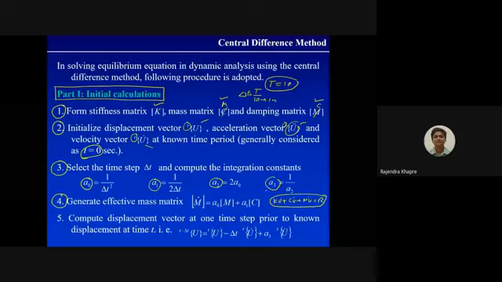To get that simpler form, we generate the effective mass matrix. The effective mass matrix, M with a cap over it, can be calculated as A0 into M plus A1 into C, out of which A0 and A1 are the integration constants which we have already calculated, and M and C will be given to you.